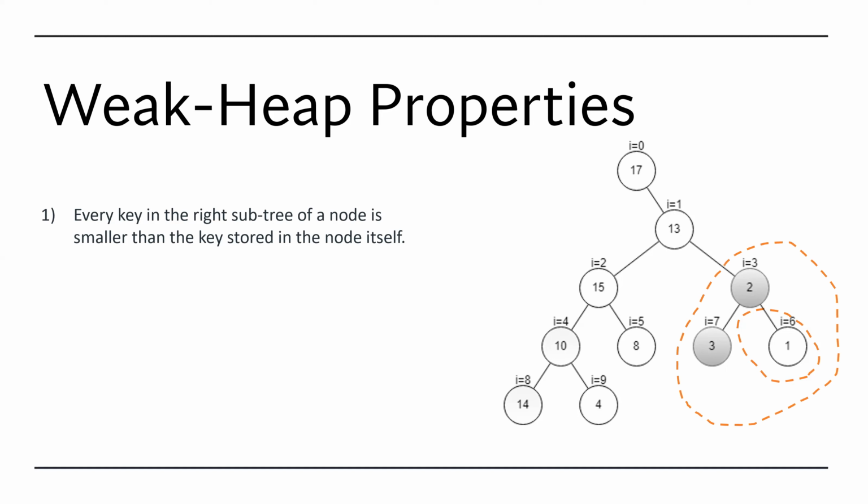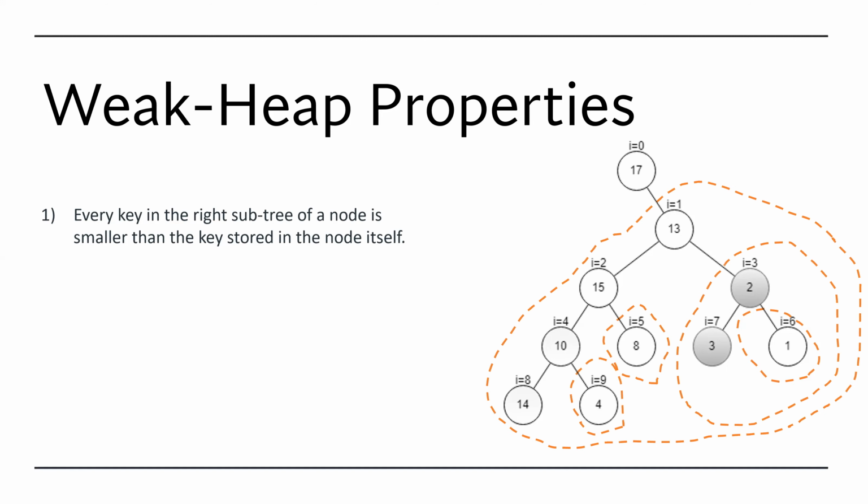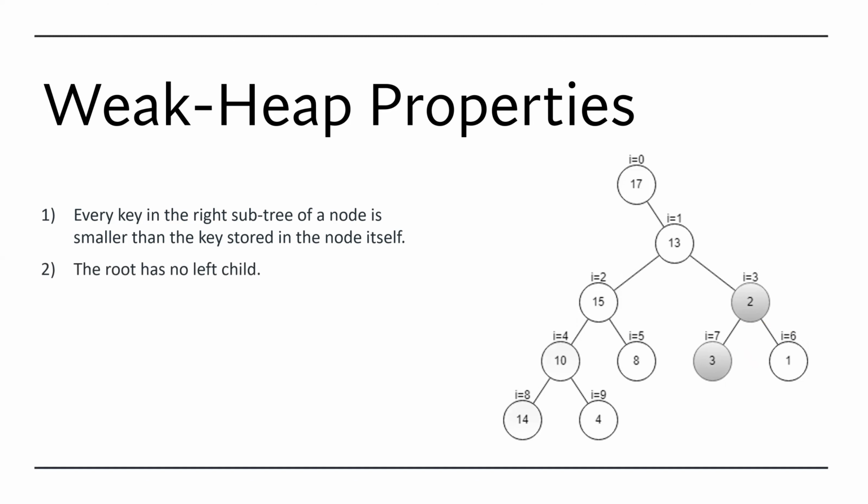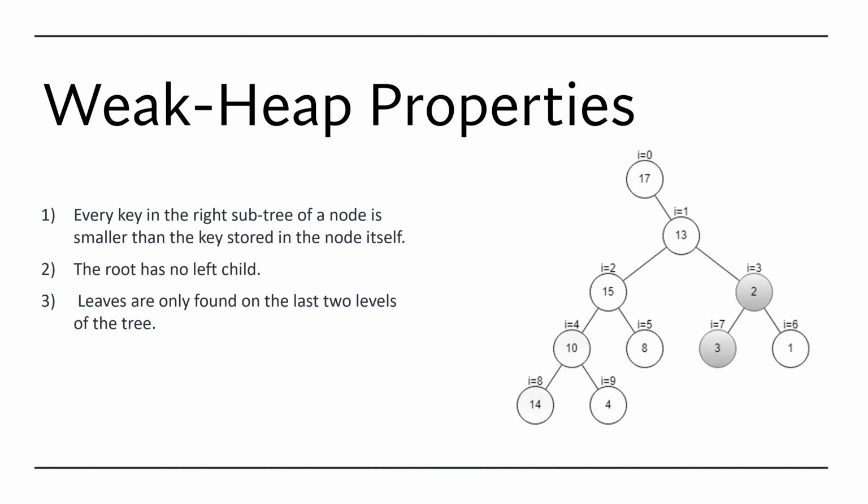And finally, we have the root with key 17 that is greater than all the nodes in its right subtree. The next property is that the root has no left child. And the third one is that nodes with less than 2 children are in the last 2 levels of the tree.